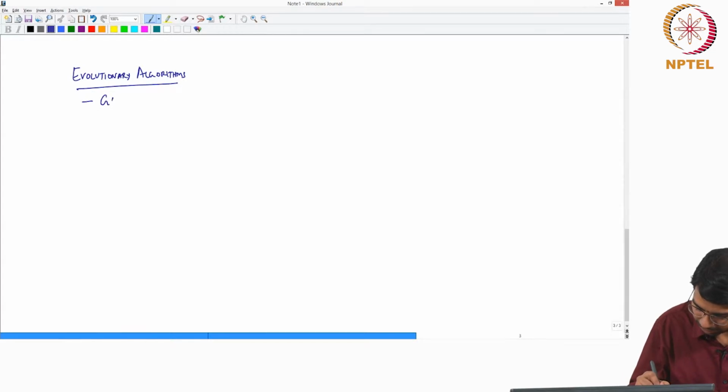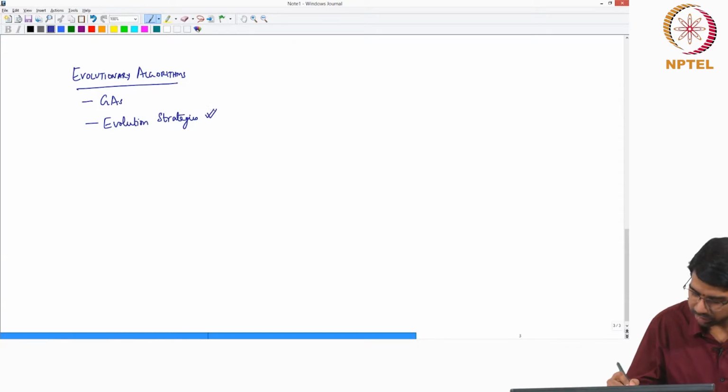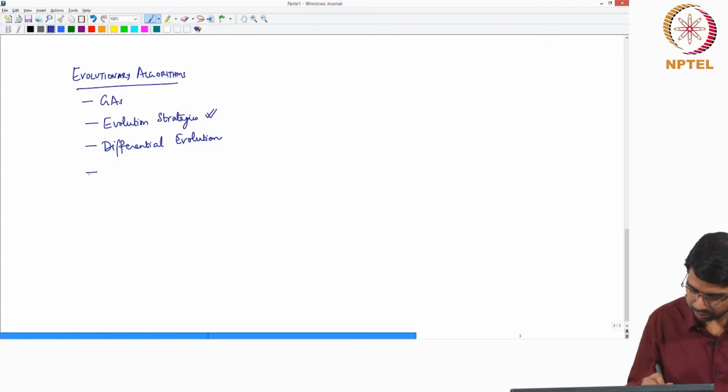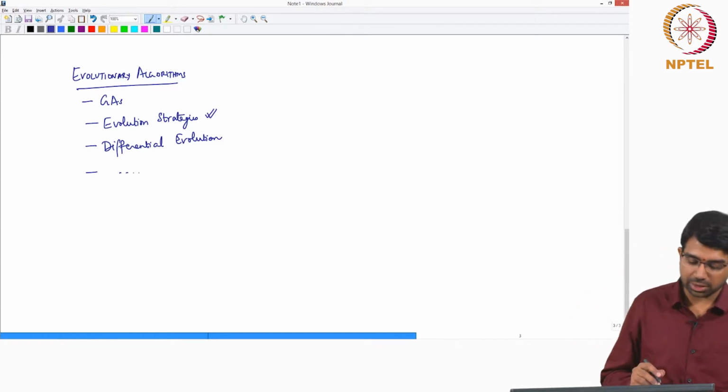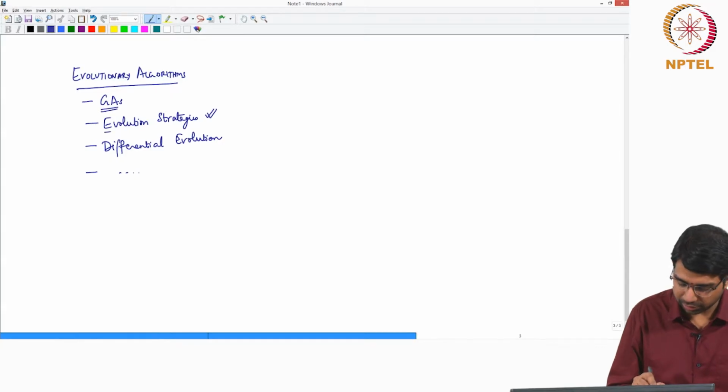And inside of these you have genetic algorithms, you have evolution strategies, very commonly used in biology. Then you have differential evolution and several others, right. You can have evolvable hardware and multiple other things. The most important for us are genetic algorithms, evolution strategies and differential evolution.